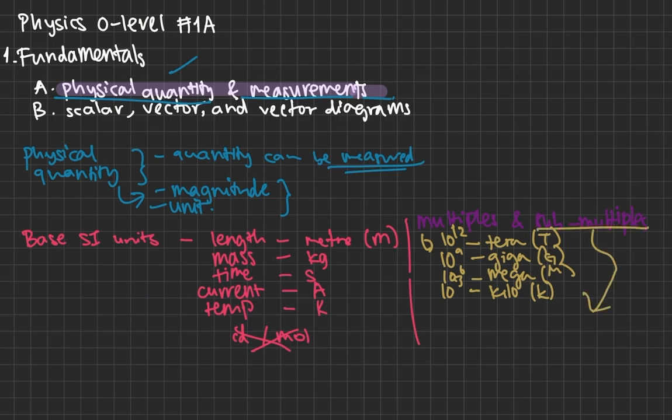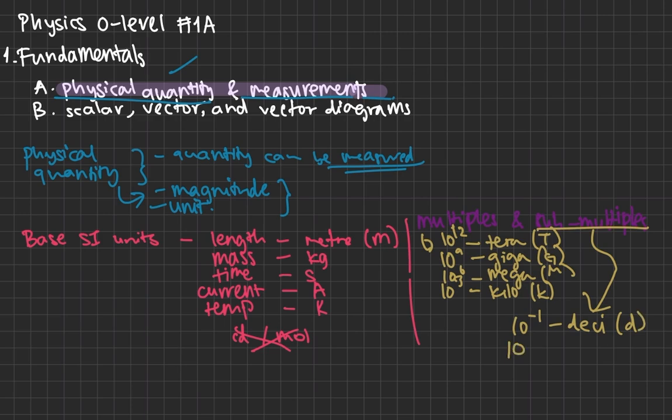Submultiples, however, are the opposite of multiples. While multiples are bigger numbers, submultiples are lower than 10 to the power of 0. An example of this is 10 to the power of minus 1, which would be deci.